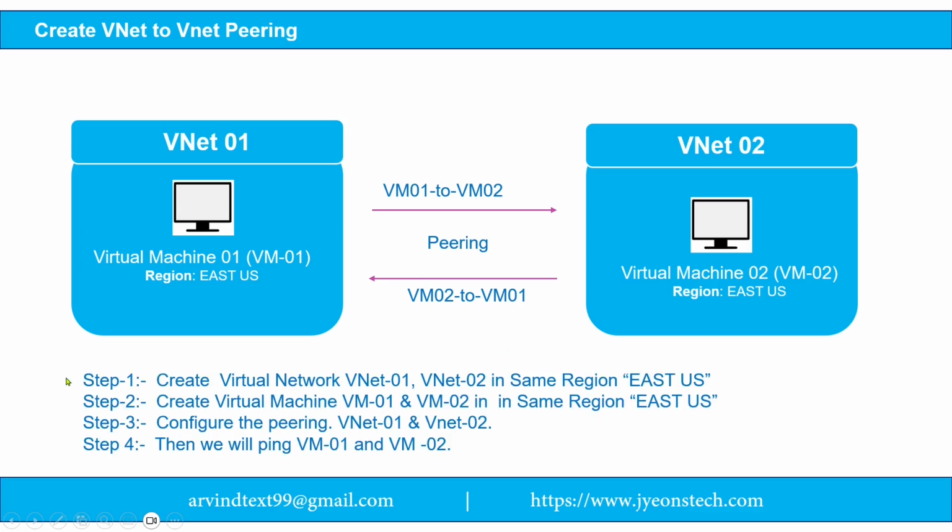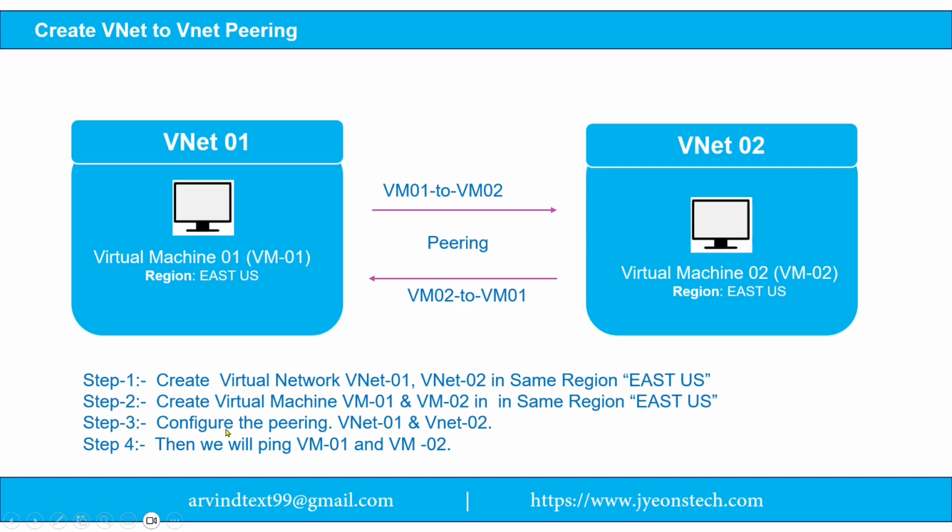So let's see the steps we are going to do. We are going to create this diagram using a lab. First we will create the virtual networks VNet 01 and VNet 02 in the same region, East US. In step 2, we will create virtual machines VM01 and VM02 in the same region, East US.